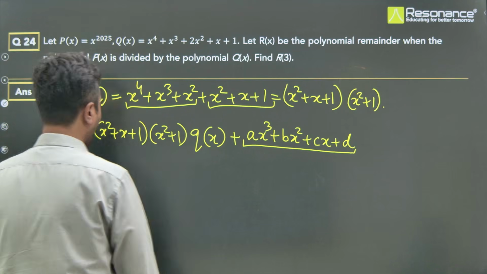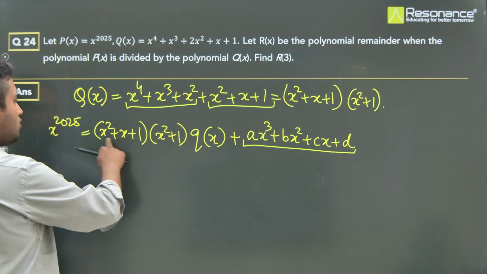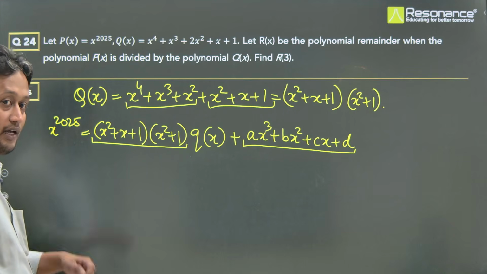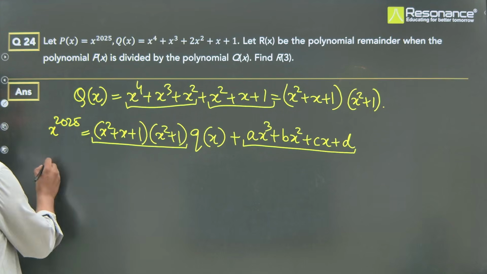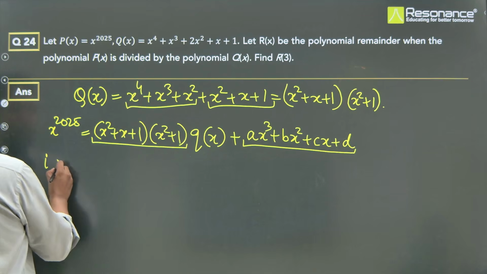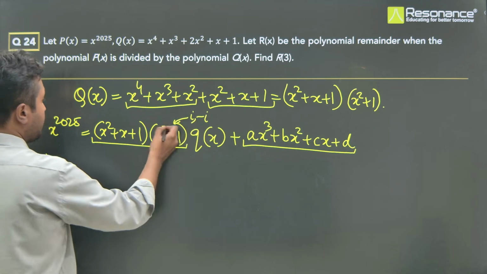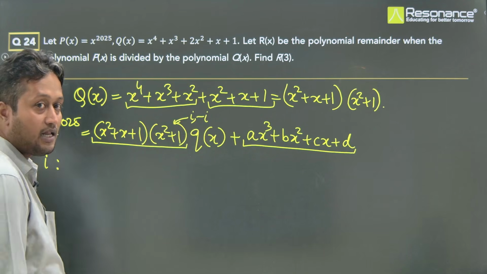Okay, now what we do is we plug in the roots of these quadratics. These factors over here, we plug in the roots of the divisor. So one root that I can see is x equal to i, the imaginary root coming from this factor, x minus i into x plus i.